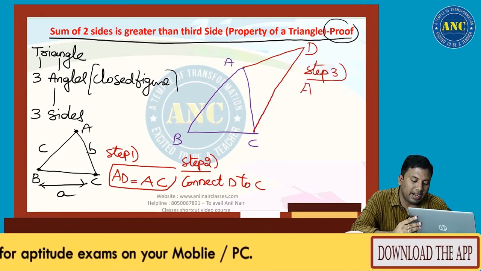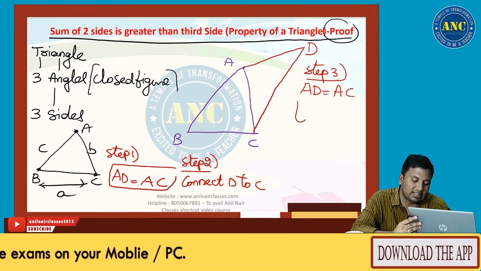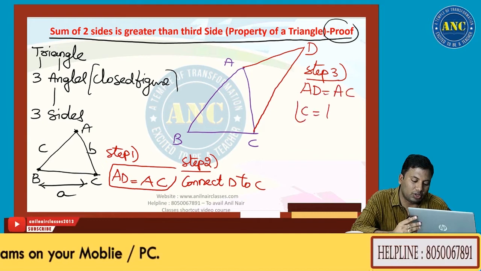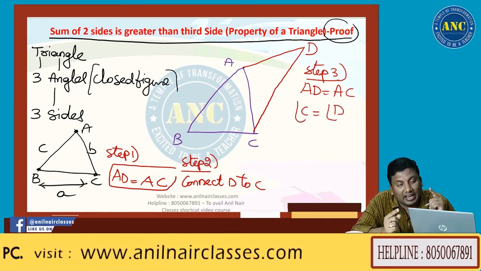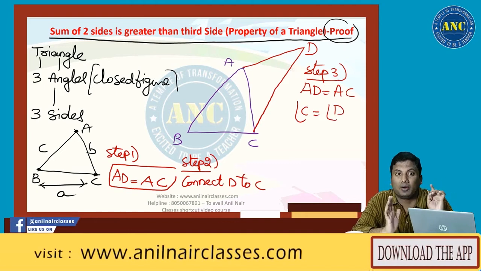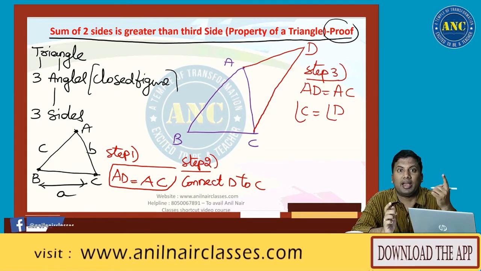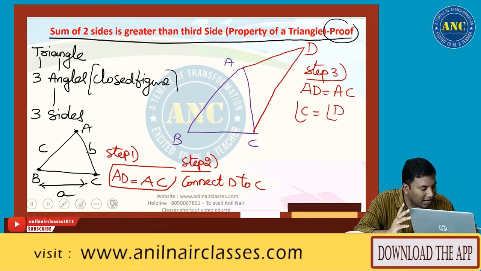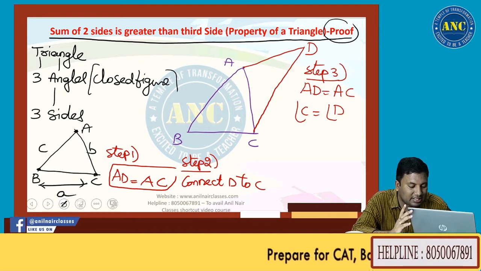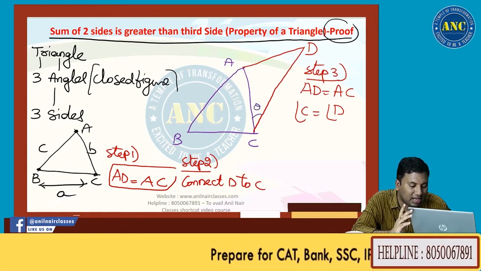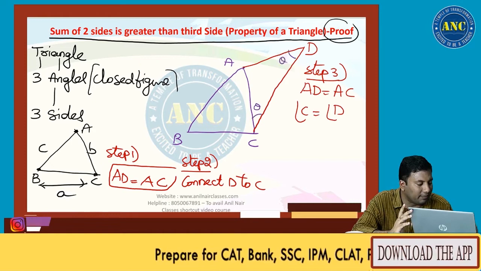Step number 3: because AD is equal to AC, angle C is equal to angle D. Sides opposite to equal angles are equal. In triangle ADC, if this angle is theta, this will also be theta.